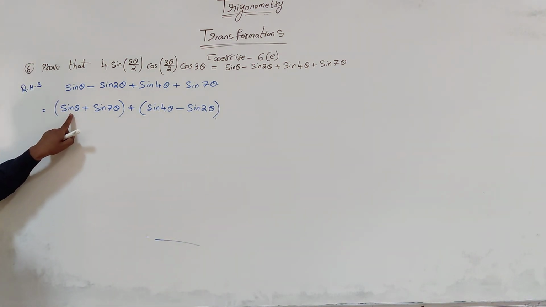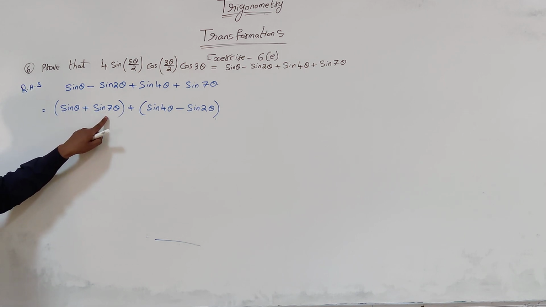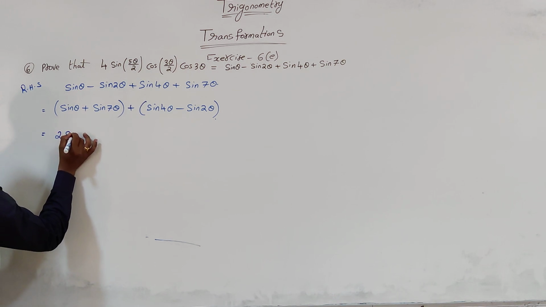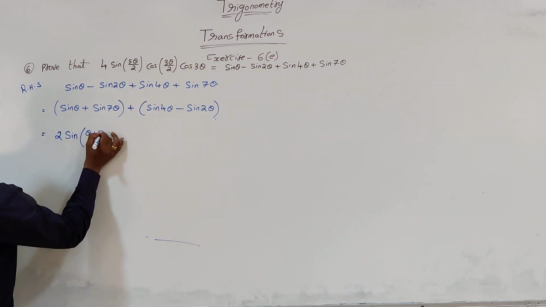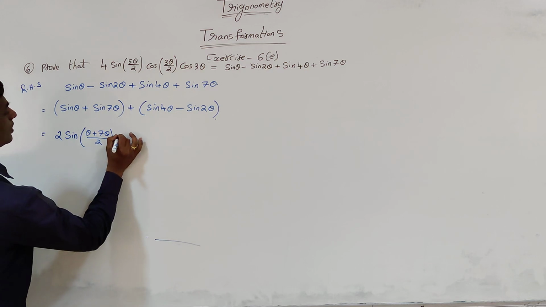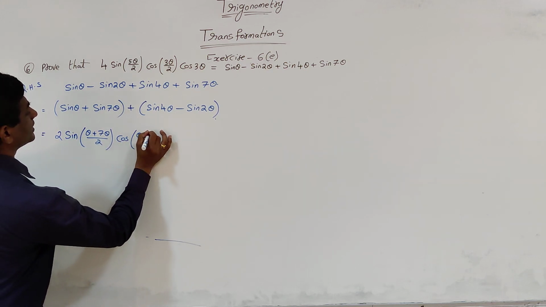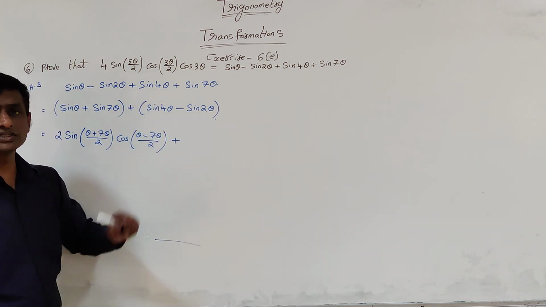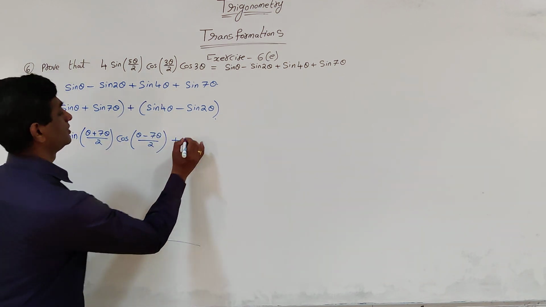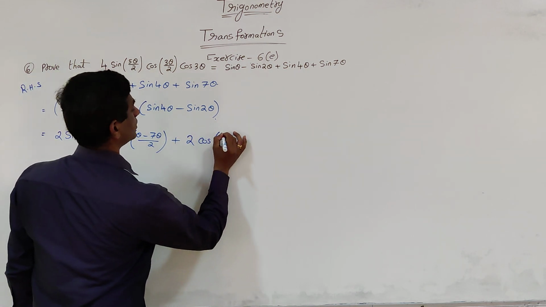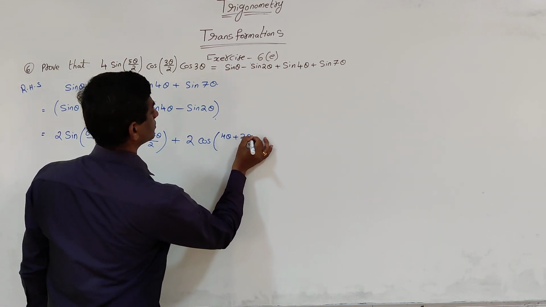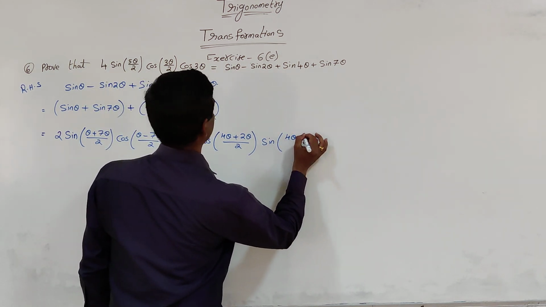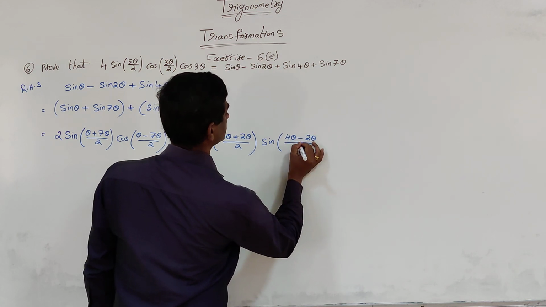Now if you observe, it is in the form of sin C plus sin D. What is sin C plus sin D? It is 2 sin of (C plus D) by 2 cos of (C minus D) by 2, that is 2 sin of (theta plus 7 theta) by 2 cos of (theta minus 7 theta) by 2, plus sin C minus sin D. What is sin C minus sin D? It is 2 cos of (4 theta plus 2 theta) by 2 sin of (4 theta minus 2 theta) by 2.